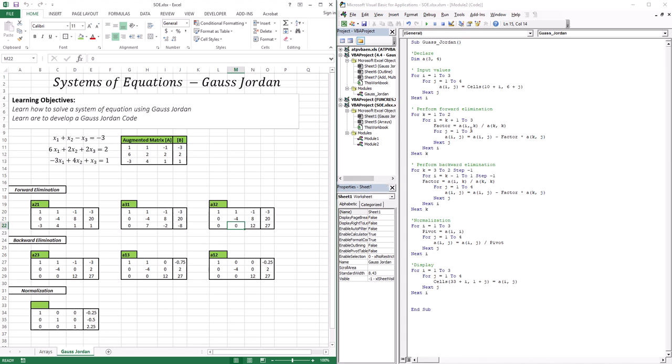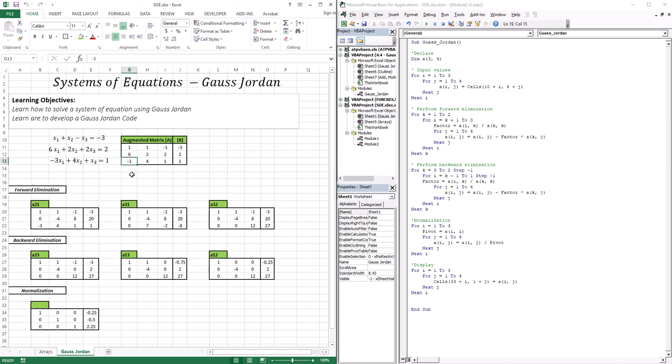Now, if you remember with the forward elimination, we create the factor, and then we apply this factor using this loop here. So what we do is take this number minus the factor times this number, and so on, for each number in the row.